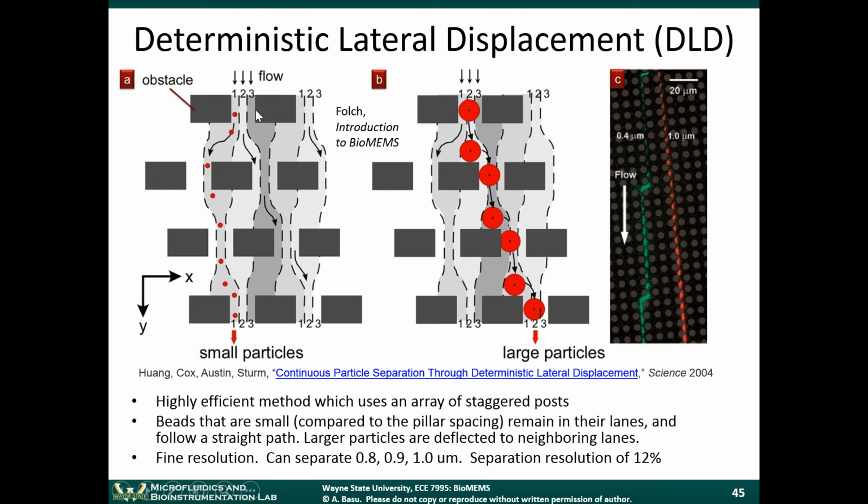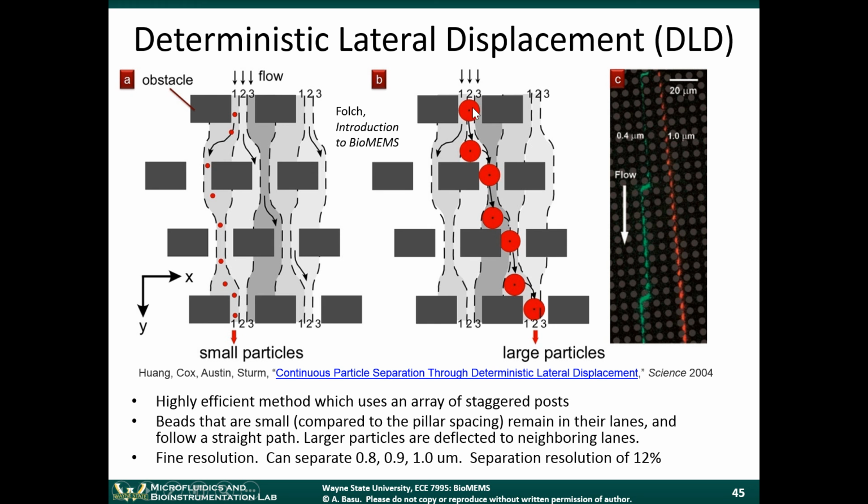Notice that here, by the way, these numbers, I'm sorry, I should have mentioned them earlier. 1, 2, and 3, these are the laminar streamlines, the streamlines related to the flow. Like I said, the small particles follow whichever streamline they happen to come in on. But the large particle here is in streamline 2, right?